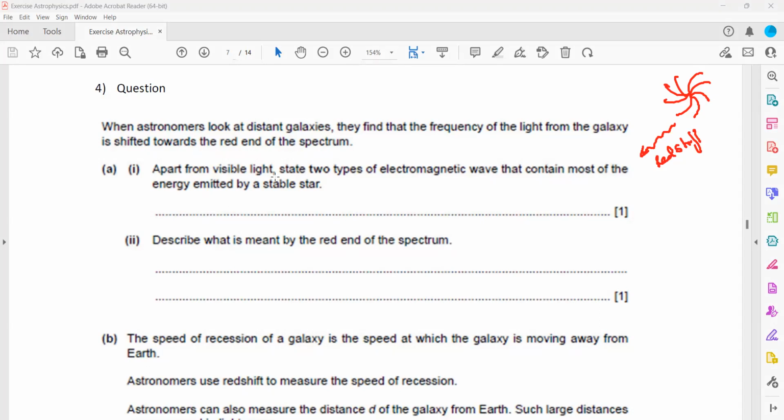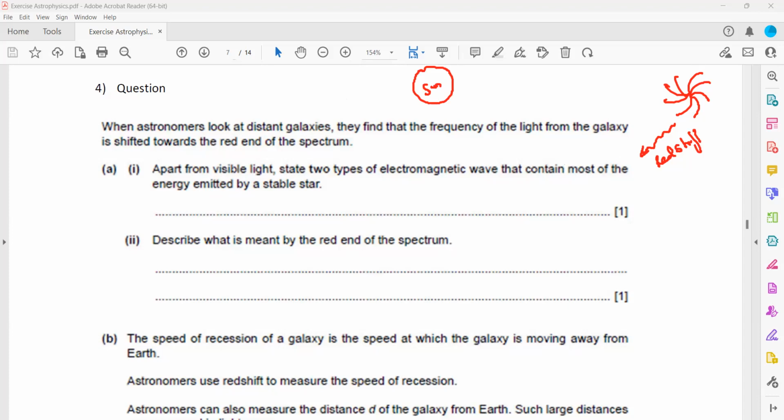Apart from visible light, state two types of electromagnetic wave that contain most of the energy emitted from a star. For example, when we are observing our sun, what kind of radiation is it emitting?